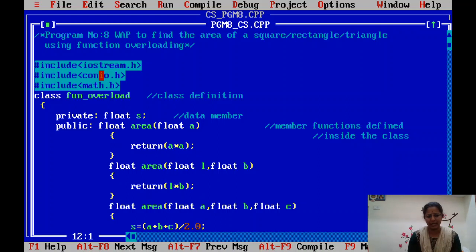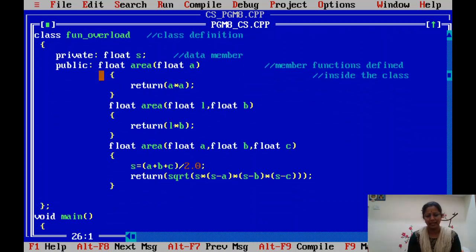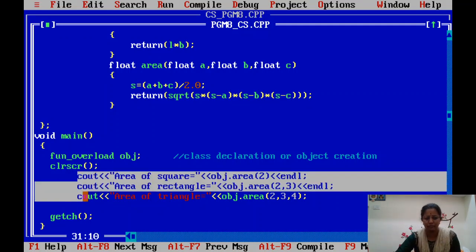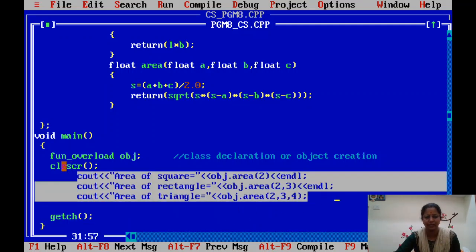This program is the same up to class definition. And here there is no choice and all. That is, you are selecting 1, 2, 3. Just with the 3 lines, we are finishing the program other than these 3. See, these are common in that program also. Okay.